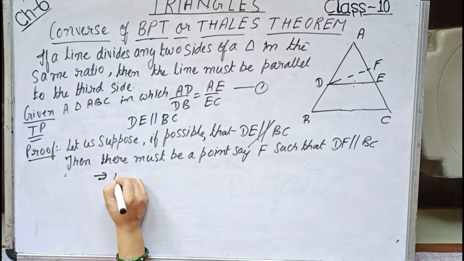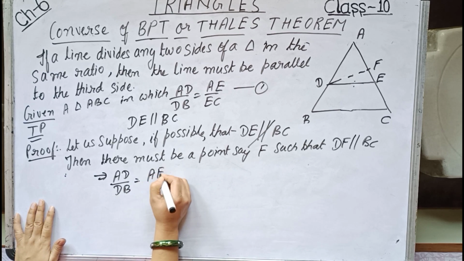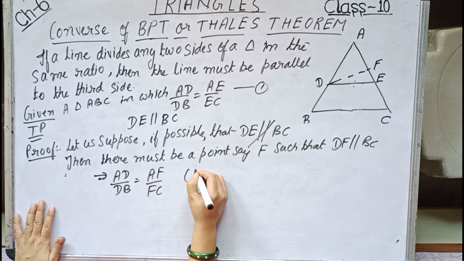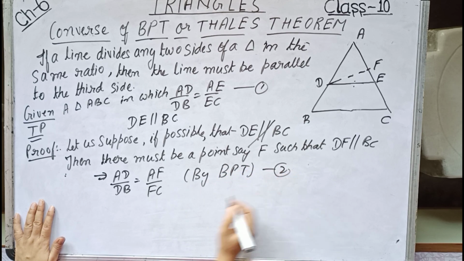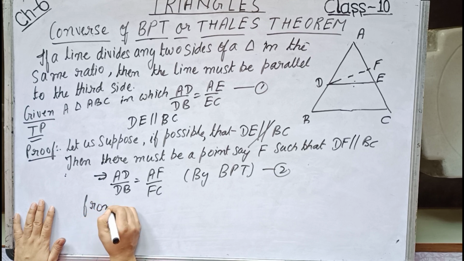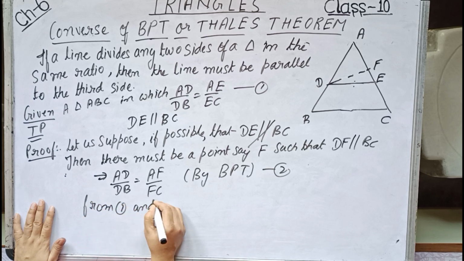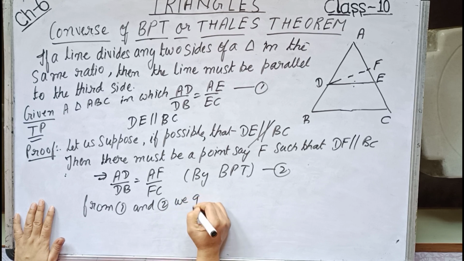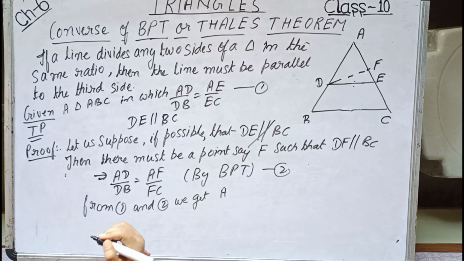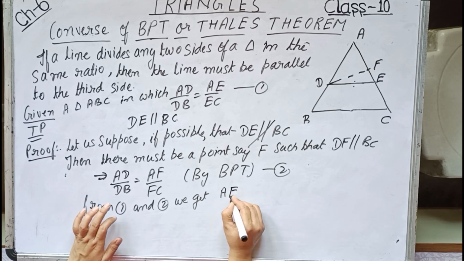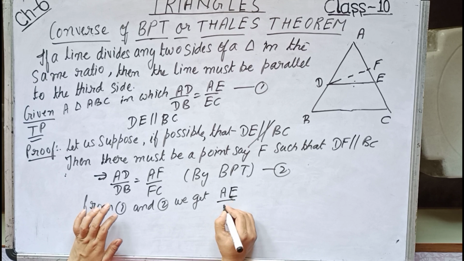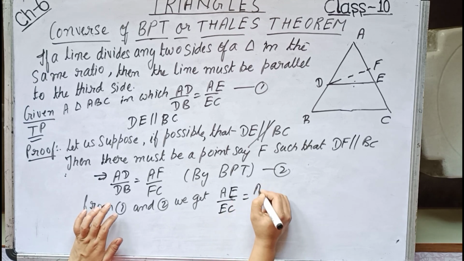Now, this implies AD by DB equals AF by FC by BPT. So from 1 and 2 we get, LHS is equal: AE by EC equals AF by FC.